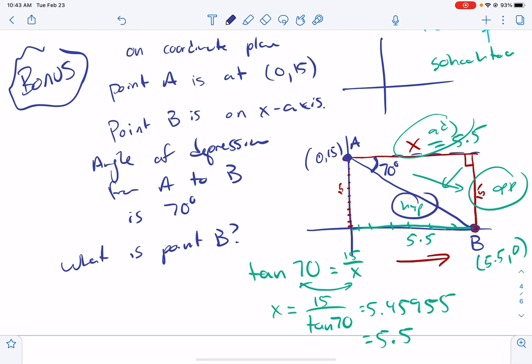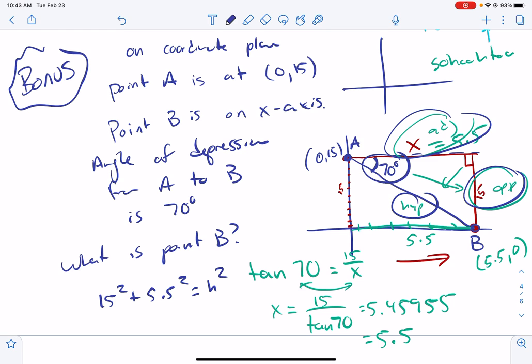Well, that's just my hypotenuse, which I can find because I know the adjacent, I know the opposite, I know an angle, so I can use SOH CAH TOA, or I can use 15 squared plus 5.5 squared equals my hypotenuse squared. I've got multiple ways to solve that problem now. Whatever it is, when you know an angle and you know a side length, you can find everything else you need to know about the triangle.